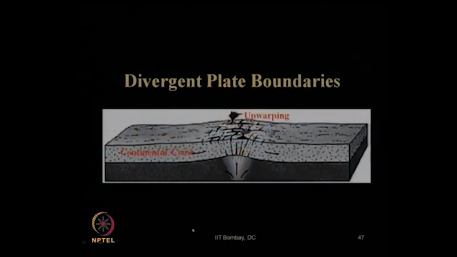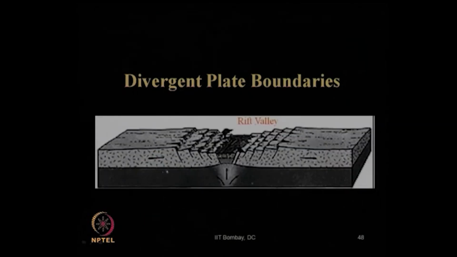If we see this picture once again, two plates, as this arrow shows, go out, this lava comes out, this is continental crust divergent plate movement, upwarping occurs here, and another one, it creates a rift valley finally once these two plates move away.